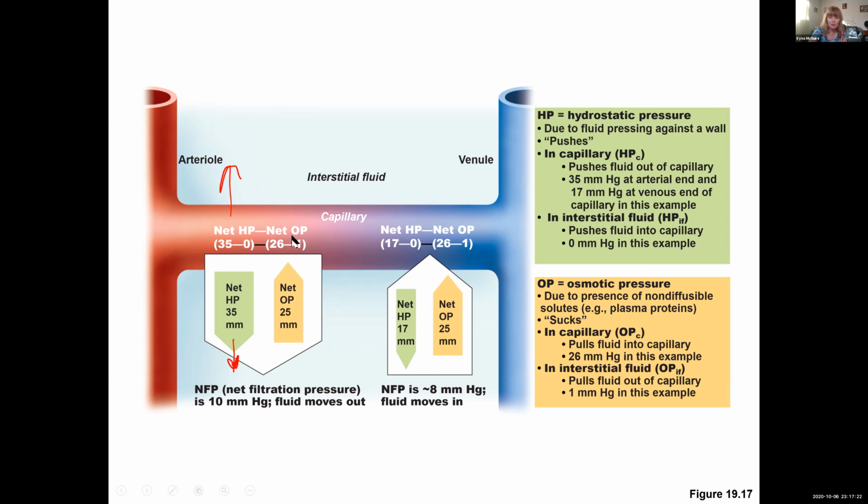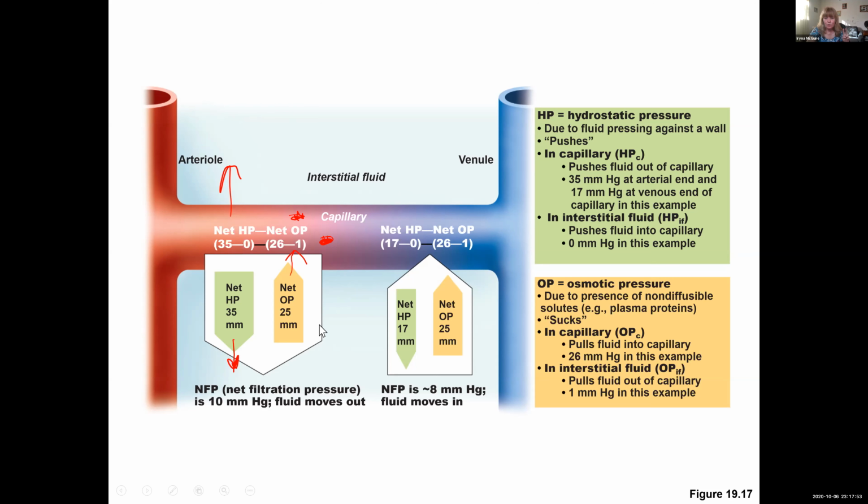Now, what pressure brings stuff back? This is called osmotic pressure, OP. Osmotic pressure is like osmosis, remember, because we have lots of proteins inside the blood. Those are not red blood cells, but let's say those are proteins. Those proteins give you a concentration gradient, so water starts moving back in. So that's osmotic pressure.